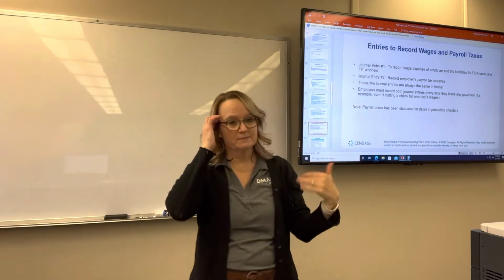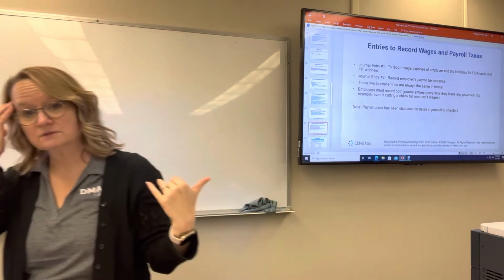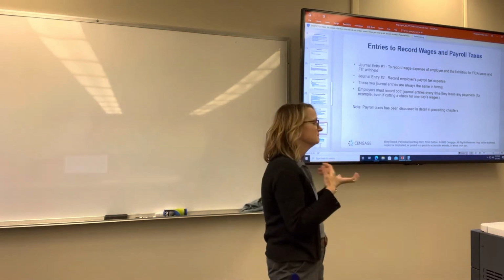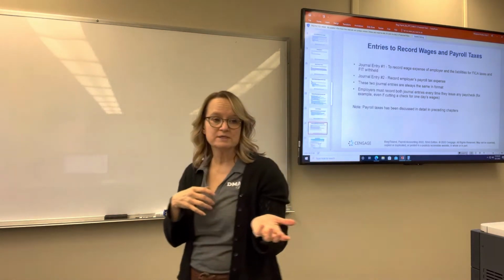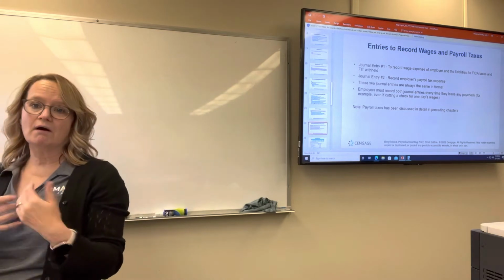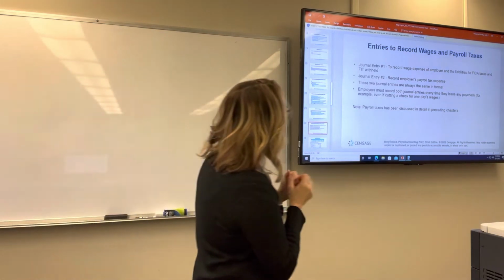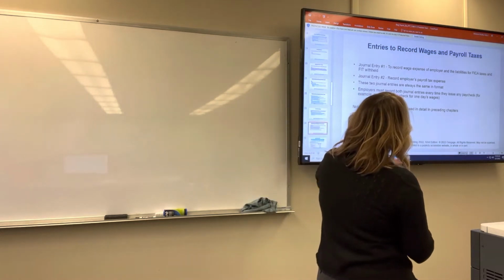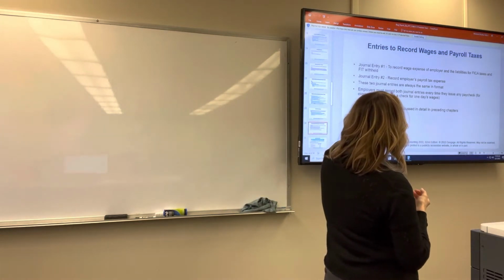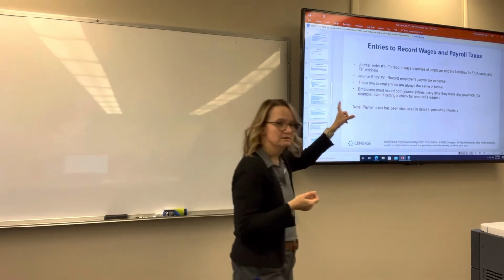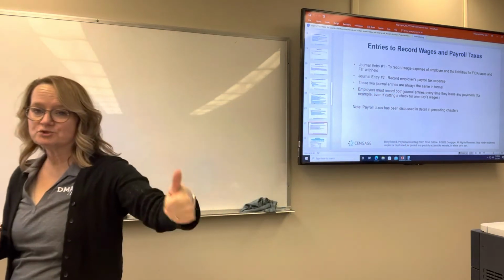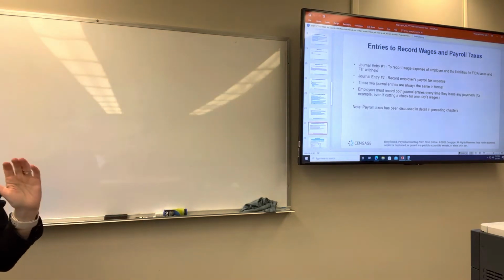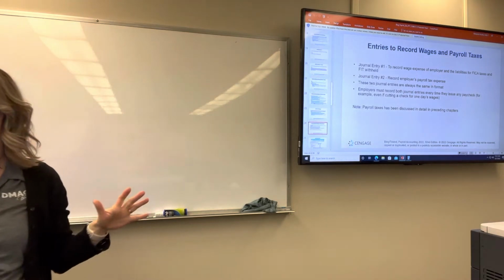They're always in the same format, so you don't really have to mix them up, although they would vary from employer to employer based upon what accounts are being used, what they're calling their expense accounts and all of that. Every time they issue a paycheck, both of these have to be entered, even if you're only issuing one paycheck to a single employee.